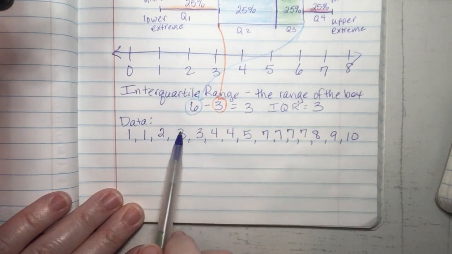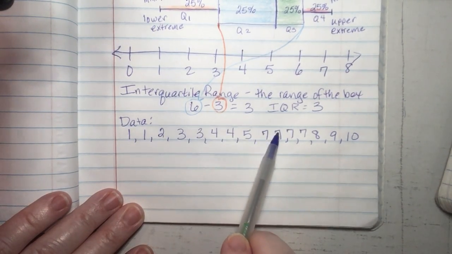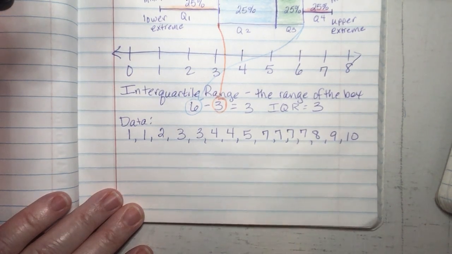So we have 1, 2, 3, 4, 5, 6, 7, 8, 9, 10, 11, 12, 13, 14, 15. Make sure you have all 15 numbers.